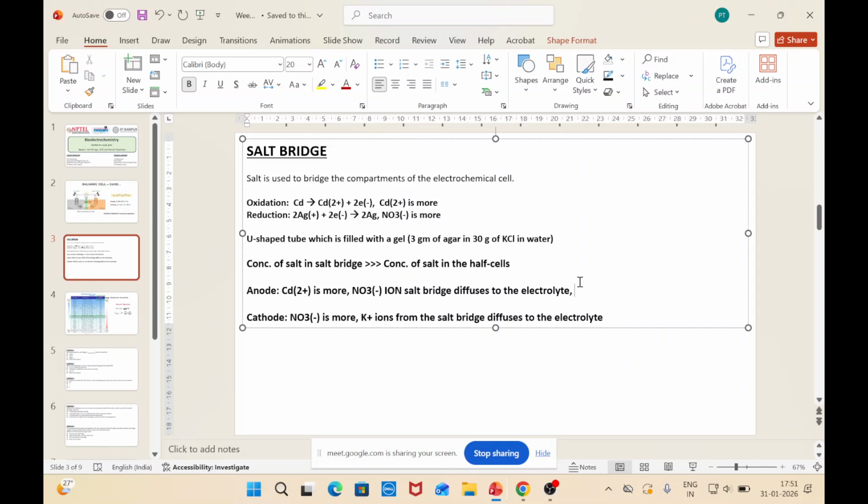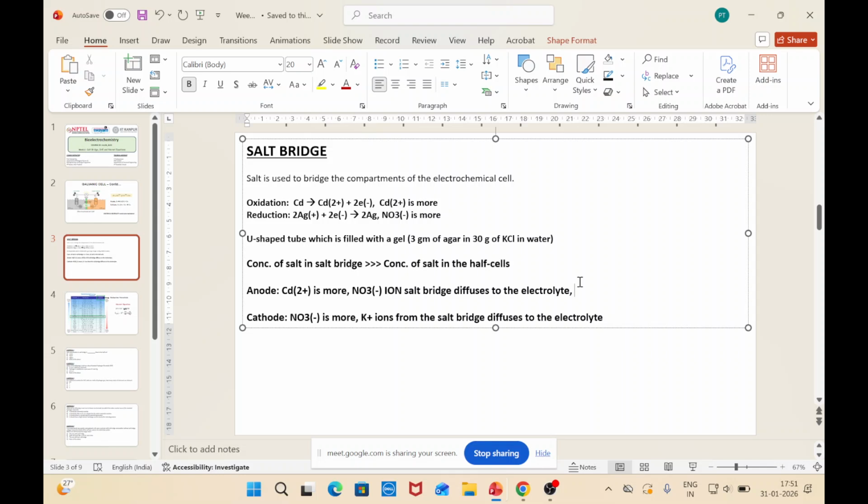And that's why the concentration of the salt bridge also needs to be very high, because in order to maintain the neutrality in the system, more ions are required to be diffused into either of the electrolytes.